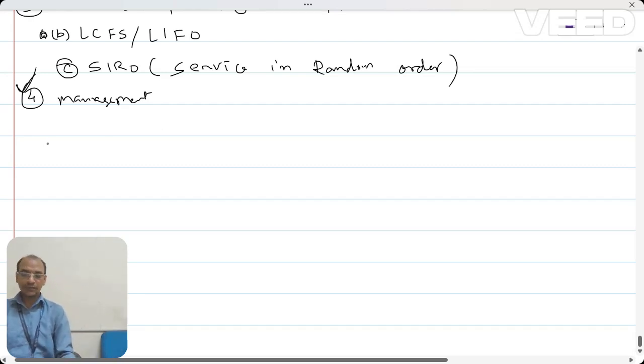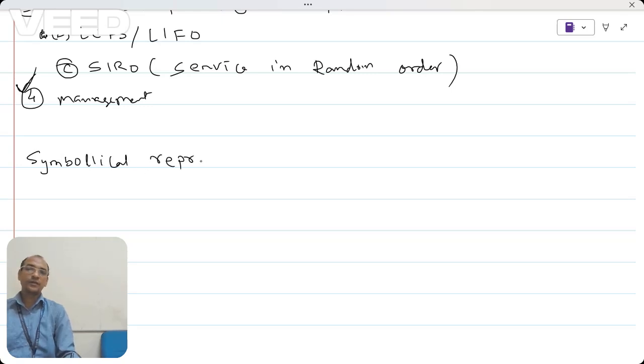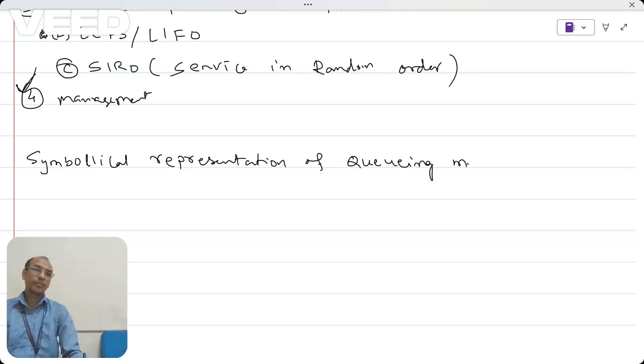Symbolic representation of the queuing model.